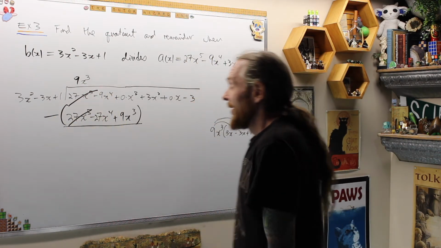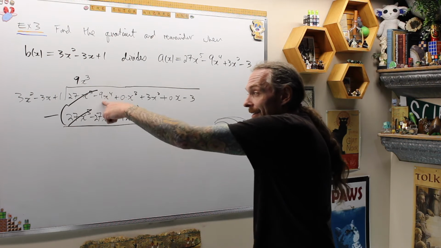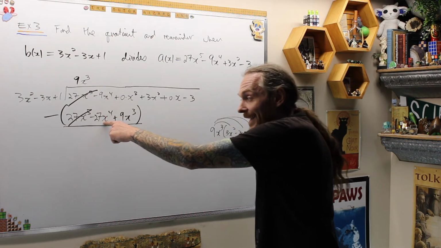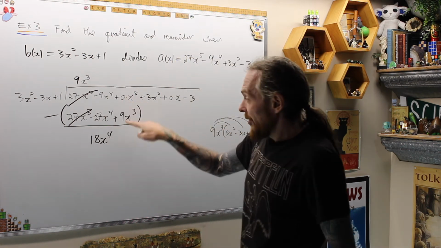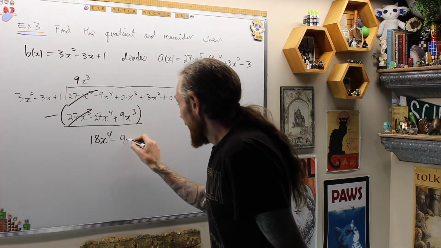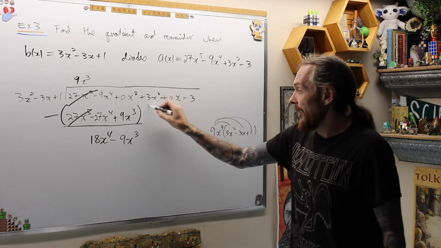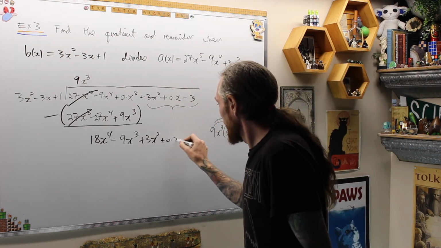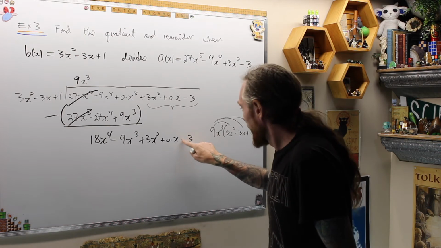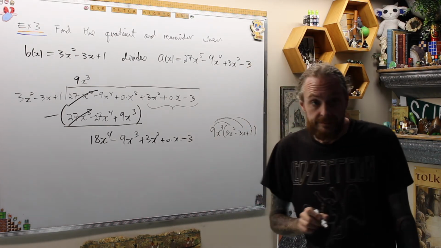These cancel. Negative 9x plus 27 is 18x to the 4. And then 0 minus 9 is negative 9x cubed. Now bring the rest down. Minus 3. Don't change it.